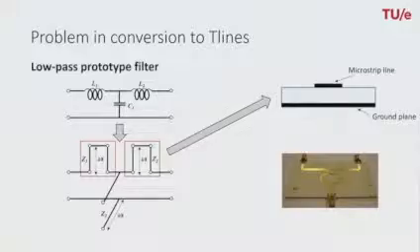The electric field of the propagating TEM mode along the transmission line in a microstrip technology would flow from the top microstrip line to the ground plane, as shown in this figure, which means that it's almost impossible to realize series stubs in a microstrip technology. So we would like to avoid using series stubs. Now, how to do that?